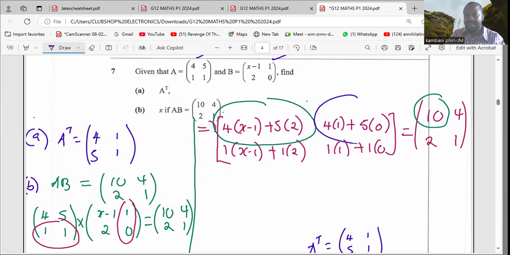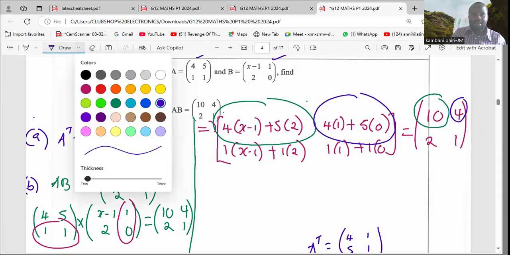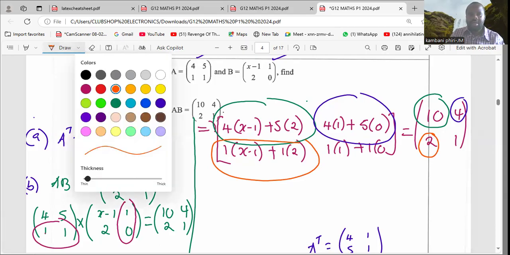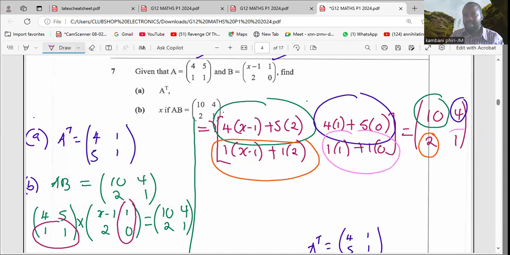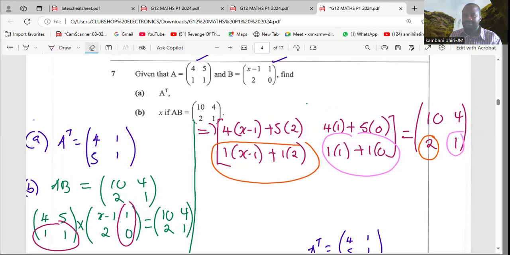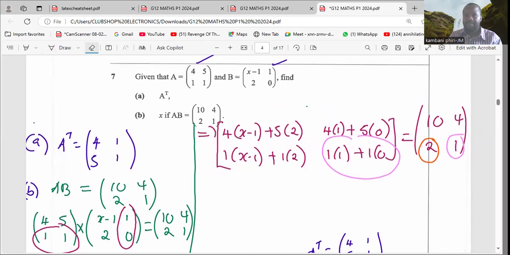Then this, when you add, it must be equal to that. Then also this one must be equal to 2. And finally, this must be equal to that. So we can just pick one pair, okay? Well, they are the same.